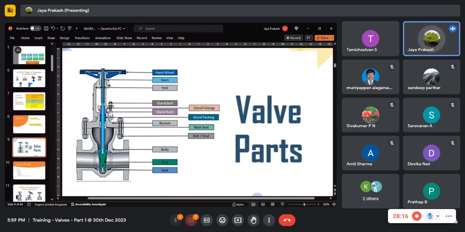It acts as a seal between stem and bonnet, preventing the internal pressure. Because of that seal, you can change the gland packing even during operation. That's why we check the back seat during testing, wherever it is provided. Not all valves will have back seats.